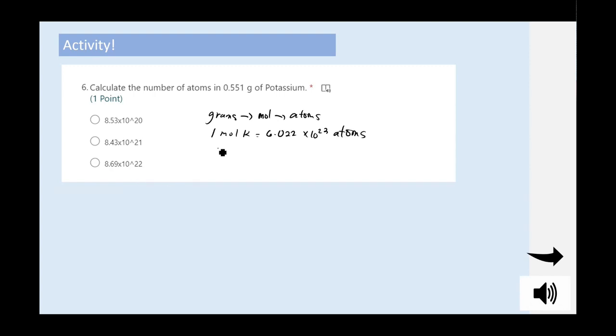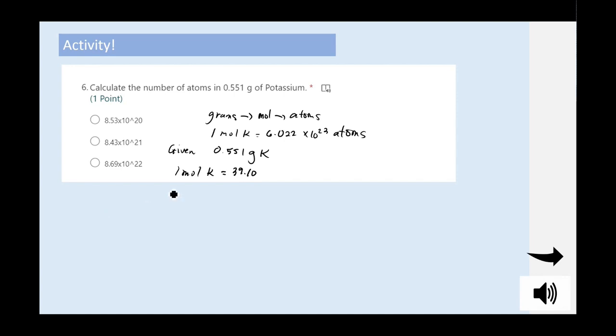Our given is 0.551 grams of potassium. Let's write our conversion, which is 1 mole of potassium and its atomic mass. The atomic mass of potassium is 39.10.